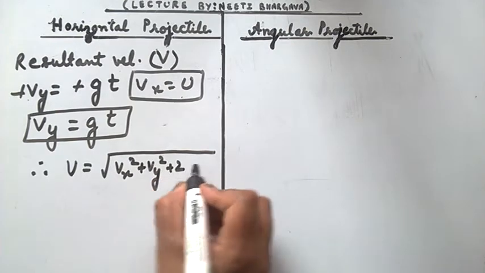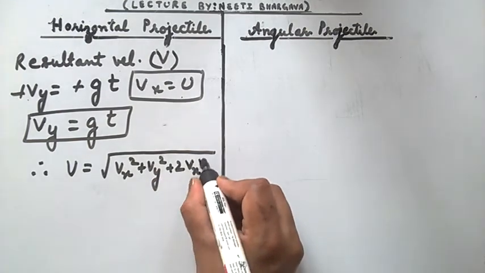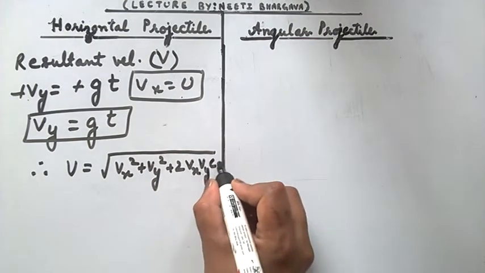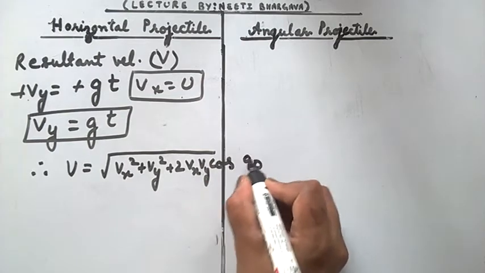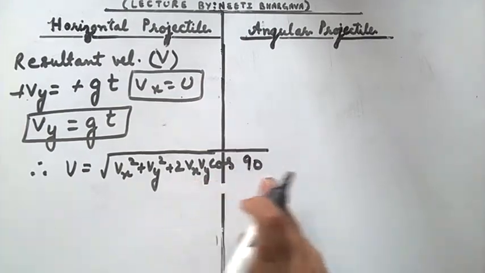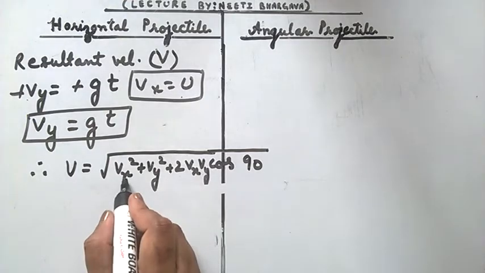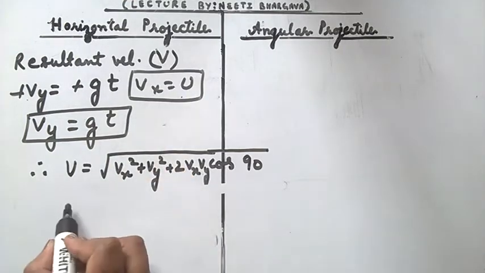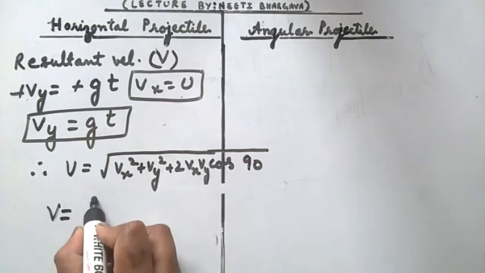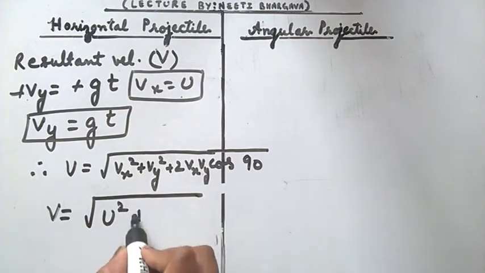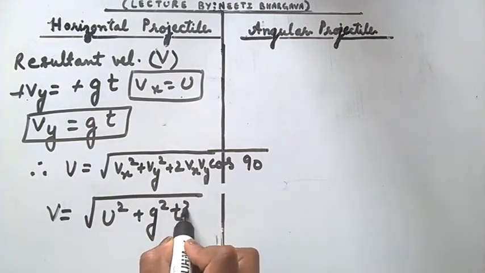Cos 90 is 0, therefore this term will vanish and we remain with Vx square plus Vy square. Therefore, V is equal to root of u square plus g square t square. This is the resultant velocity for horizontal projectile.